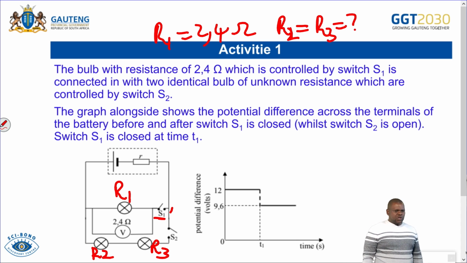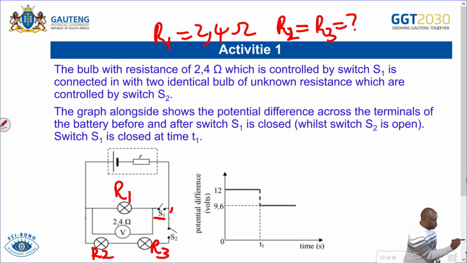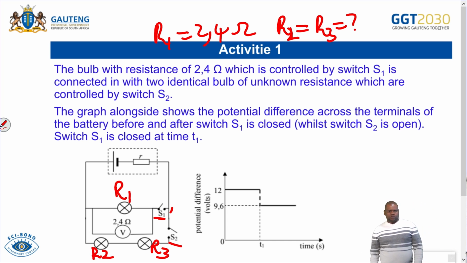Now, R2 and R3 are connected next to switch 2. It says the graph alongside shows the potential difference across the terminals of the battery before and after the switch is closed.